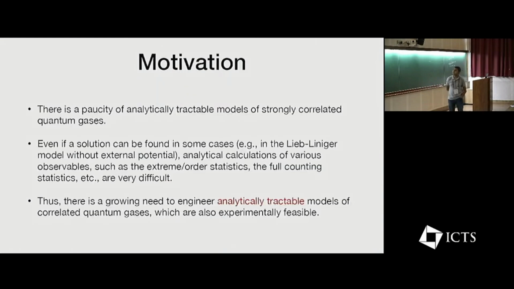Okay, so this brings me to the motivation of this work. There is a paucity of analytically tractable models of strongly correlated quantum gases. And even if a solution can be found in some cases, like the Lieb-Liniger model, starting from the solution, finding observables you might be interested in, for example extreme statistics or full counting statistics, I'm going to explain what these terms mean, becomes very difficult.